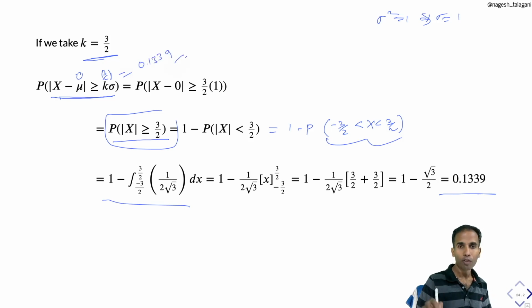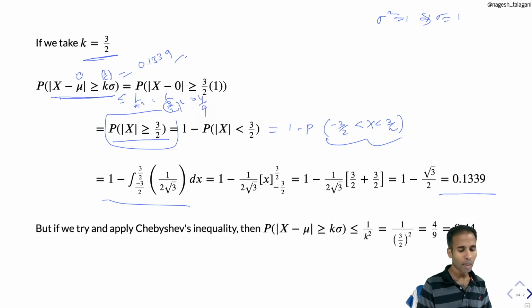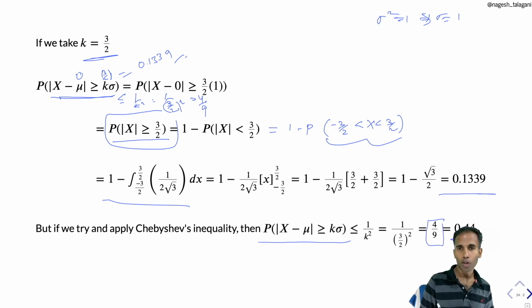Okay, but if you try and apply Chebyshev's inequality, the probability of |X - mu| greater than or equal to k sigma will be less than or equal to 1 by k square, that is 1 by (3/2) whole square, that is 4 by 9, which is 0.44.